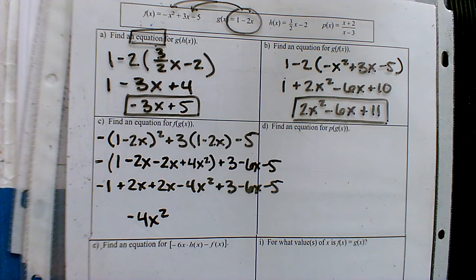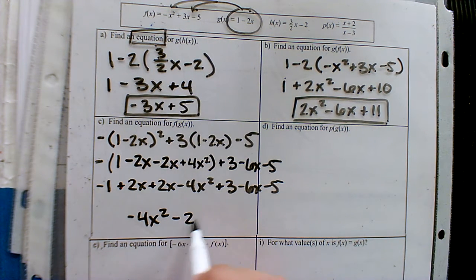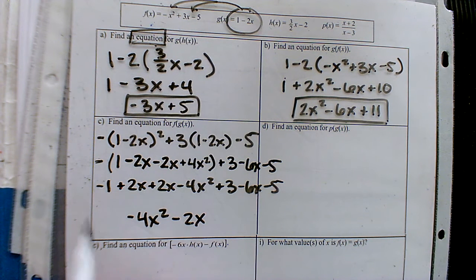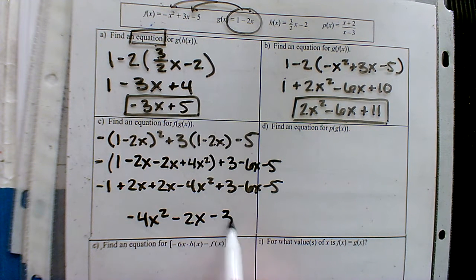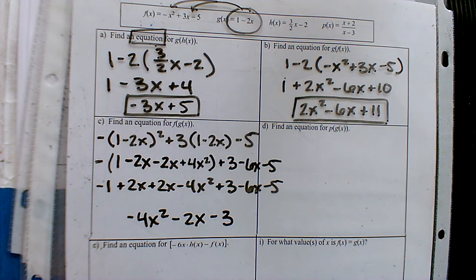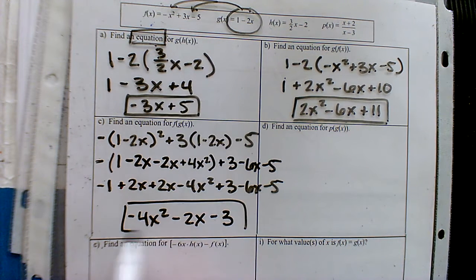That's the only x squared term. X's, we have 2, 2, and negative 6. So altogether, that's negative 2. And then for the numbers, negative 1 plus 3 is 2, minus 5 would give us a negative 3. Okay, there's our equation. We can leave it like that.